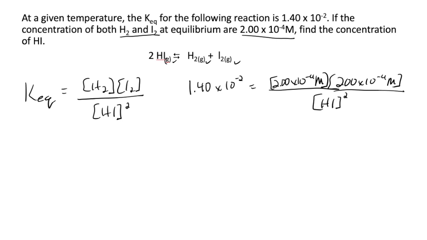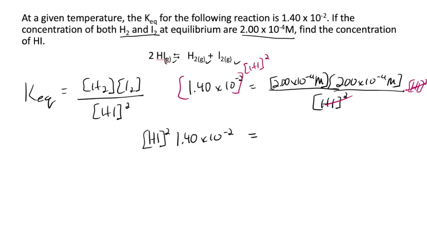And to do that, I am going to first multiply both sides by this concentration, HI squared. We'll cancel out here, and then that will give us times 1.40 times 10 to the negative second.